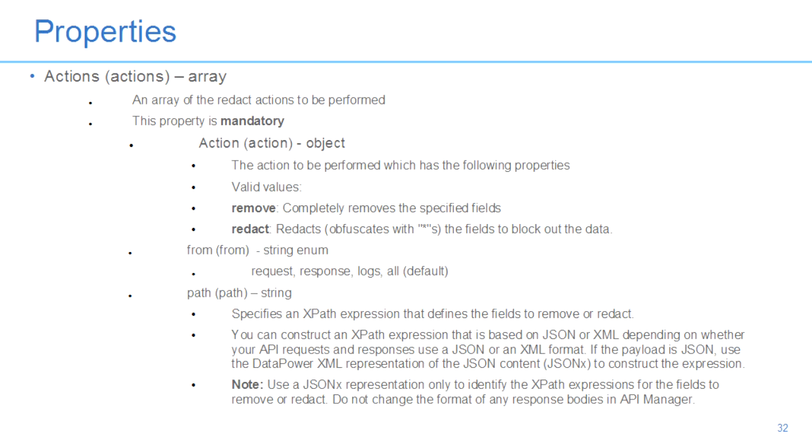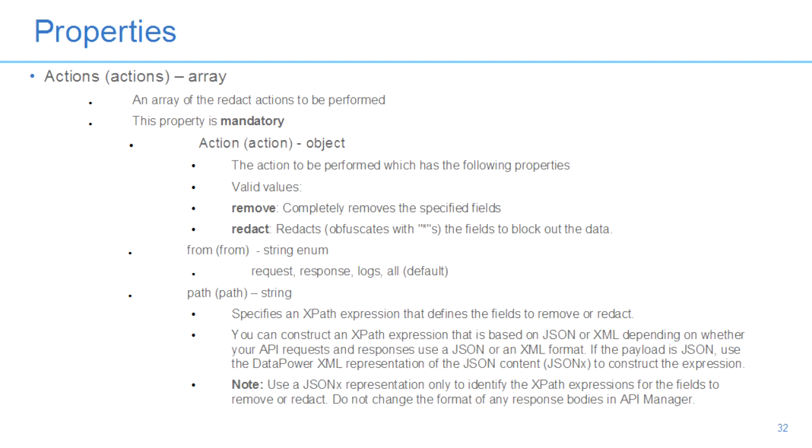So within the properties of the policy, there's an actions object, which is an array of all of the actions you can do. And then within that array, you have some properties. One is the action, which defines whether you're going to remove the objects completely or redact them, which basically obfuscates them with asterisks everywhere that matches that data.